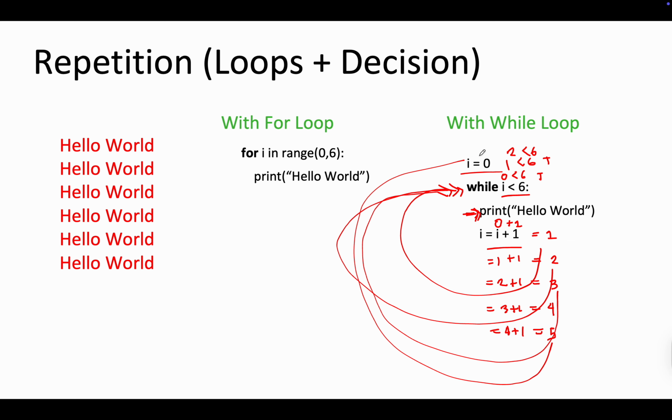So if we repeat, 5 is still less than 6, right? So we keep printing hello world, and now that I is 5 and we add 1, then it's 6. So when we repeat and we do 6 less than 6, it's no longer true, false, so we will no longer print it, and we just finish.